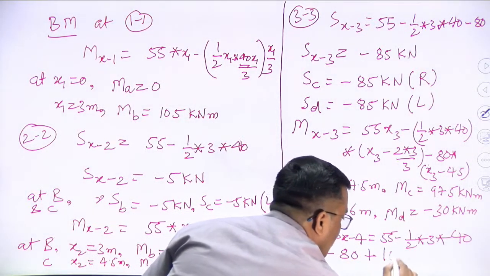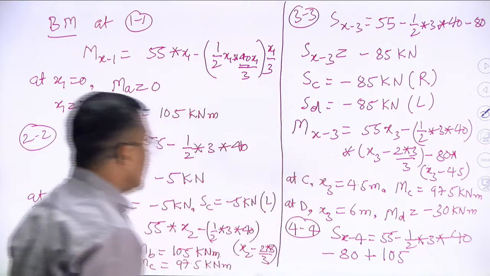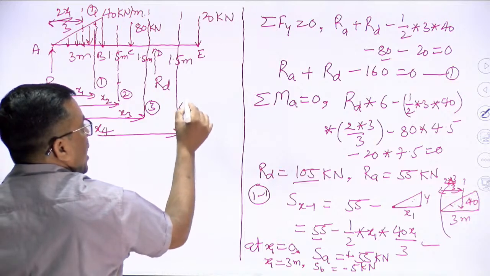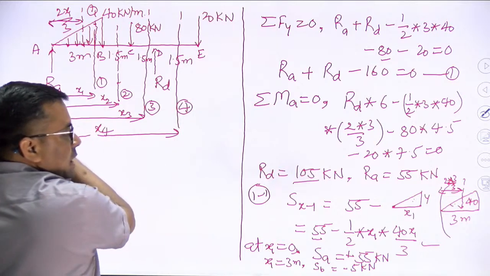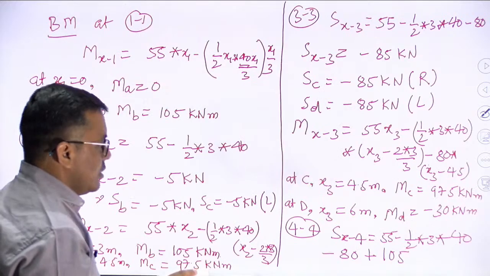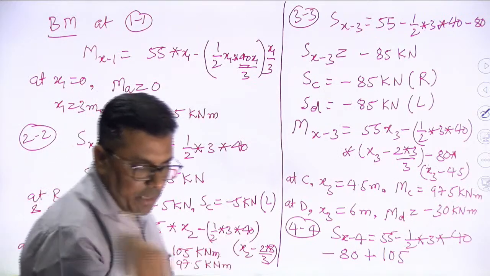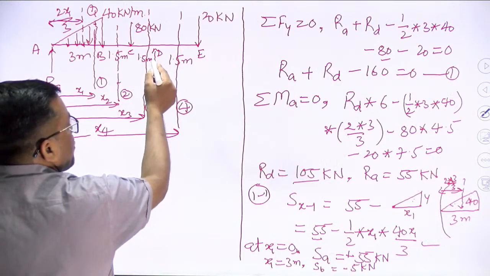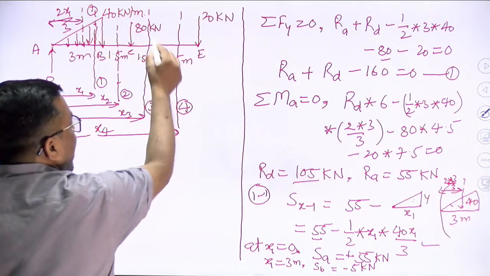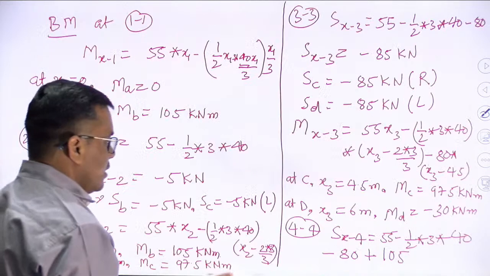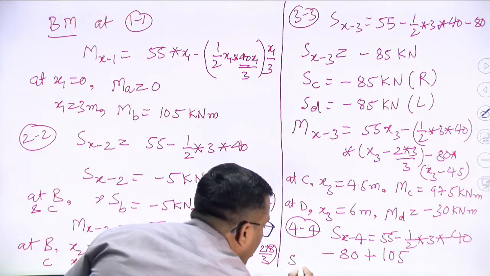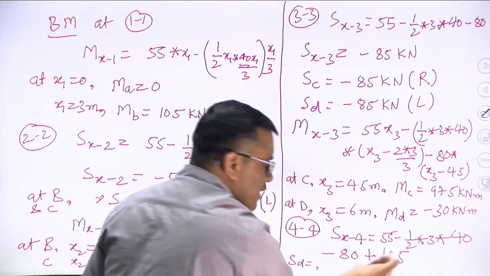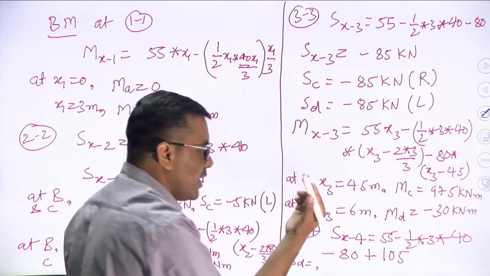Plus or minus? Plus. Why is it plus? The reason is that it is on the left side of section 4, so upward. So the equation is like this. Where to where is this equation valid? From where to where? It is valid from just right of D to just left of E. So at D, what will come? Please work it out. It does not depend on x, so it will be a constant equation.